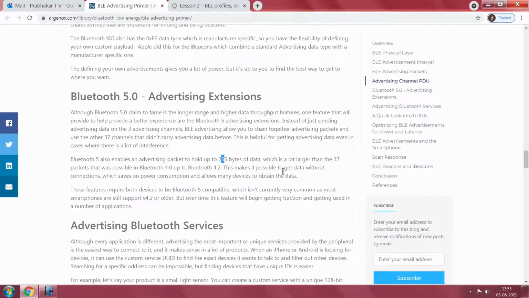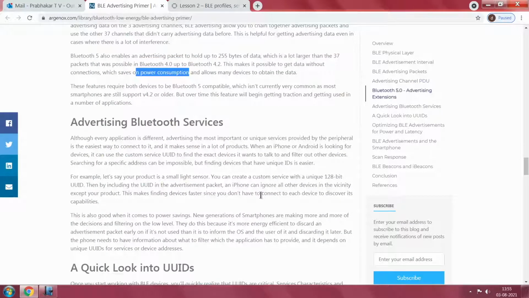So you will be able to advertise more data without making connections, and therefore you will be able to save power yet push a lot of data back to the central without the overhead of connection. So this is attractive from that perspective because it is indeed quite energy efficient.